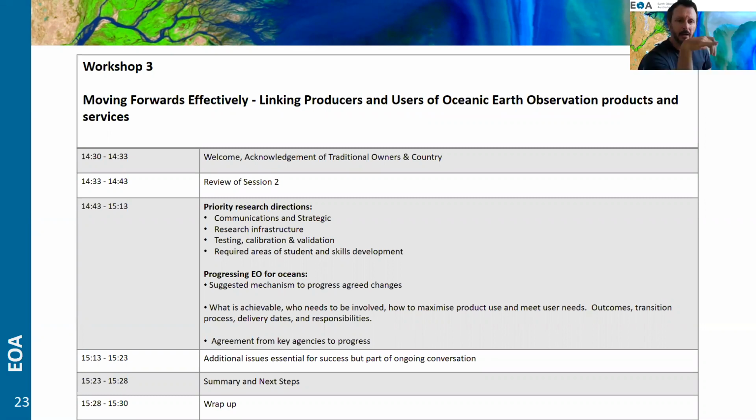Thanks, David. Mark, I think you had your hand up as well. Yeah, I was just going to pick up on your comments about FOO. So as opposed to it being an event every couple of years, I've just stepped out 20 minutes before this, having finished the FOO Surface Waves Working Group meeting. So that's a group that meets quarterly.